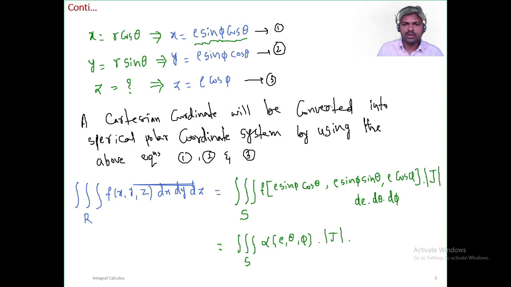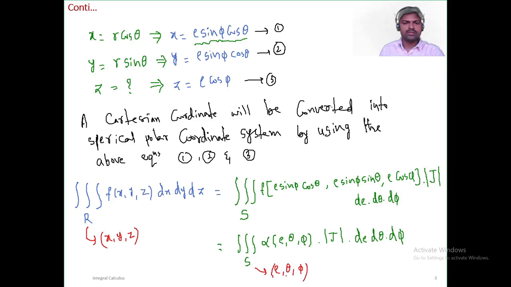So modulus of Jacobian d rho d theta d phi. Here R is a solid in which x, y, z can vary, and S is a solid in which rho, theta, phi can vary. This is a new solid of integration, and it may shrink or expand.